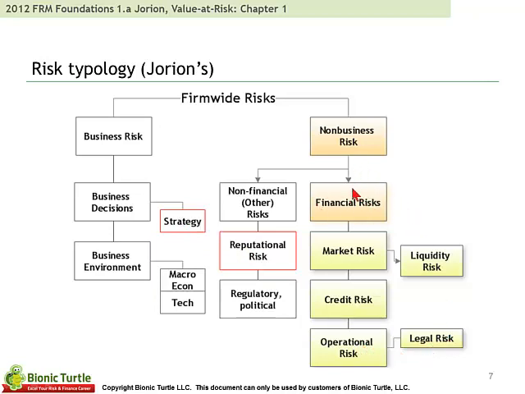We are primarily concerned with financial risks that are non-business. Those financial risks here are the 3 big buckets: market, credit, and operational risk. Operational risk includes legal risk, so legal risk is an operational risk. Opinions can vary as to where we locate this, but Jorion has liquidity risk and market risk as well.